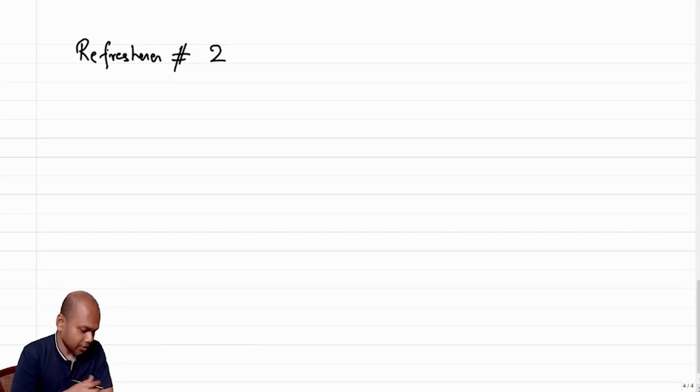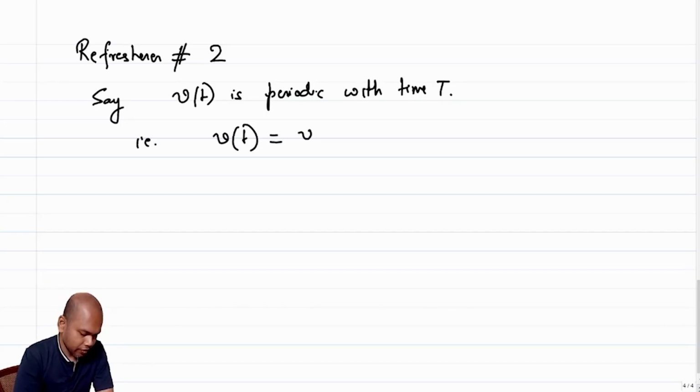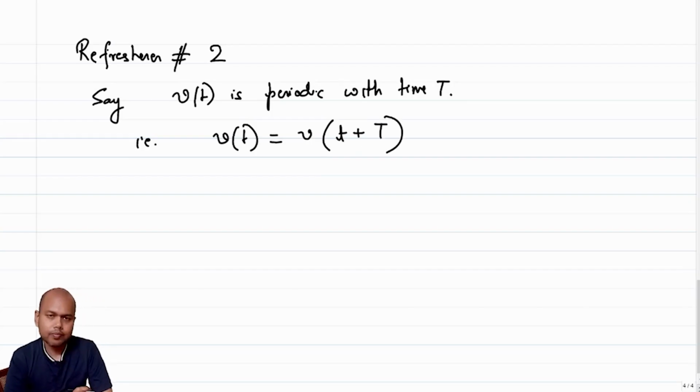It basically tells you that if you have a periodic signal, say V(t) is periodic with time t, that is, I can express V(t) as V(t plus capital T).